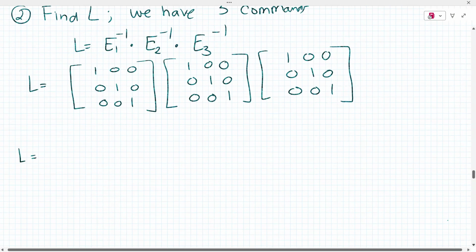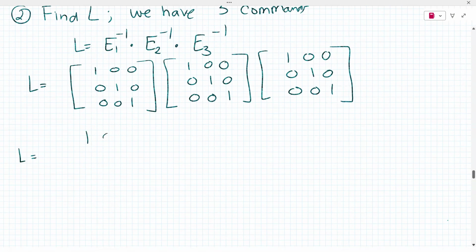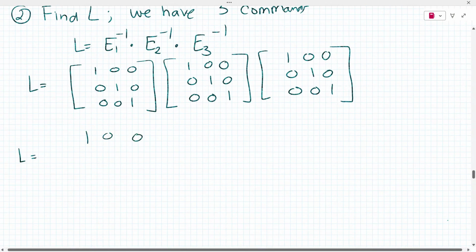What do we do? We multiply 3 row 1 plus 2 row 2 gives you your new row 2. So that's going to mess with row 2. So it's going to be 1, 0, 0, 3, 2, 0, 0, 0, 1.